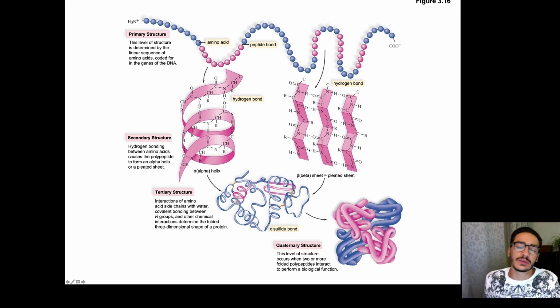The protein structure is extremely complex. As you can imagine, if you have 20 different amino acids, you can come up with any sequence you want, with a limit on the size of the protein, but basically you can come up with any structure with any function.